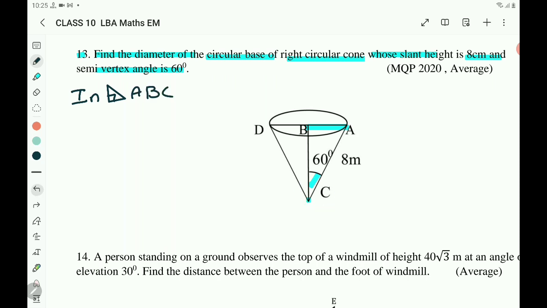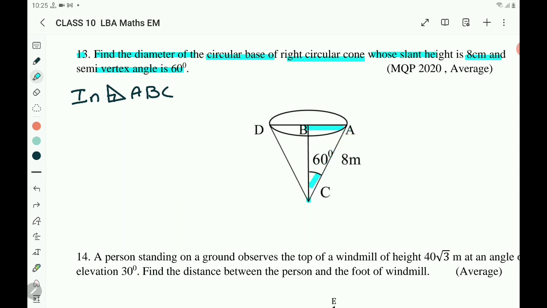Here the given angle is C. For given angle C, what you have to find out? We have to find out AB, and AC is given. AB is the opposite side and AC is the hypotenuse.